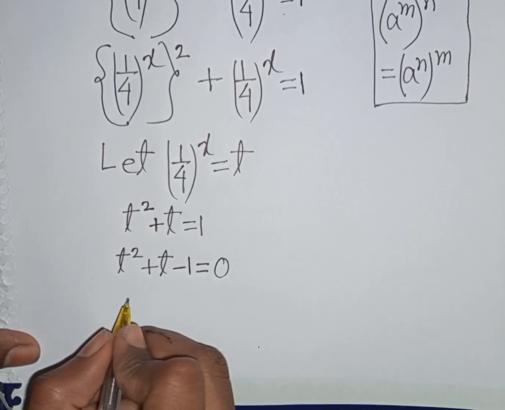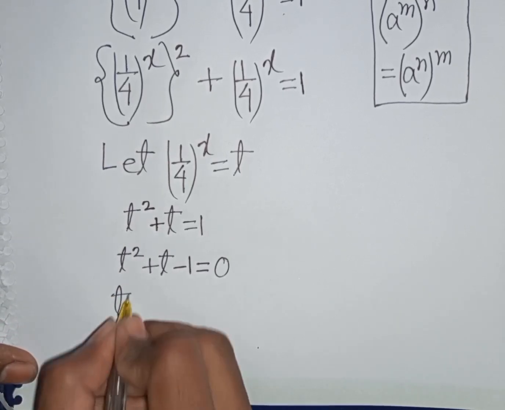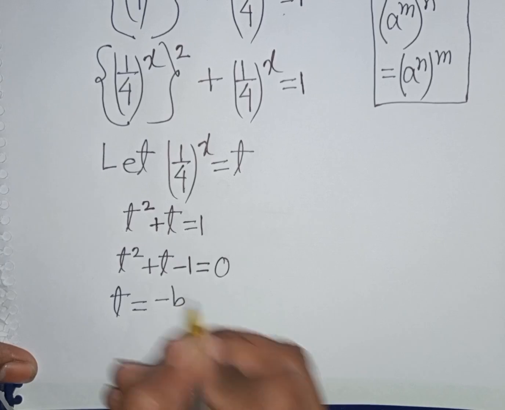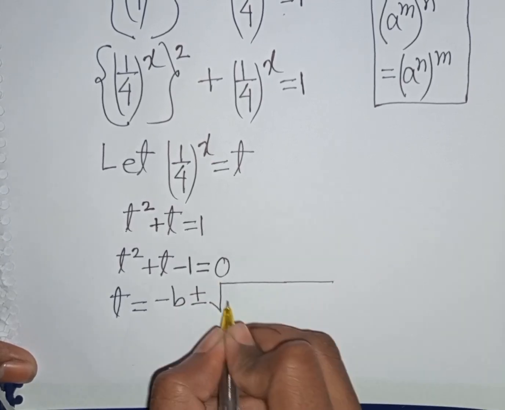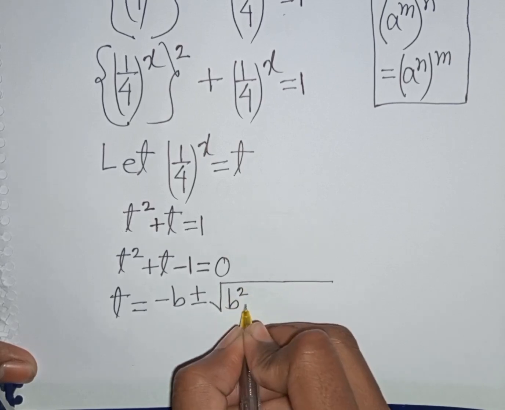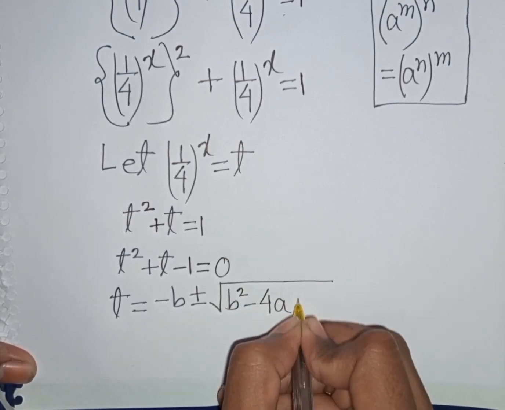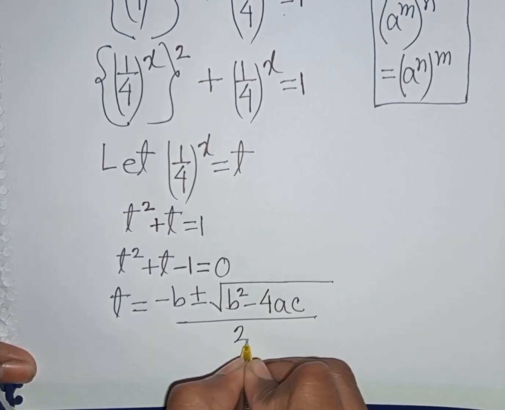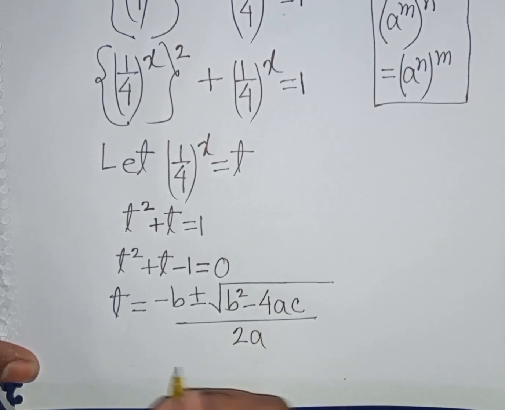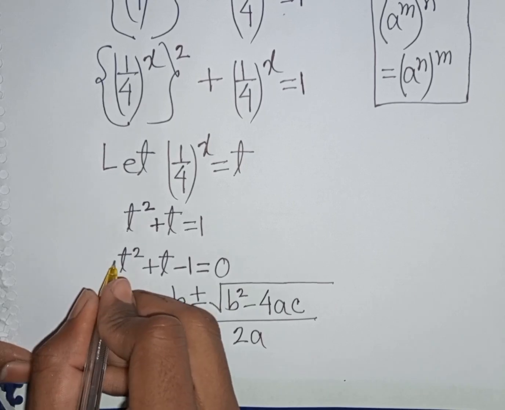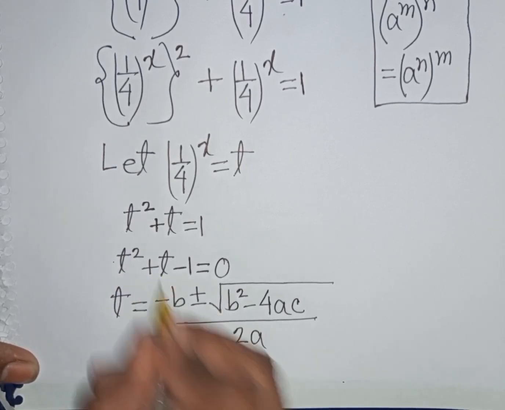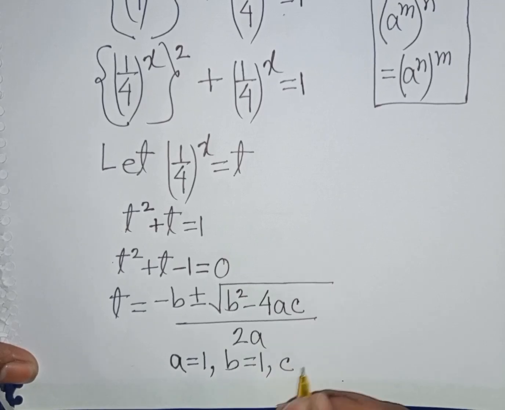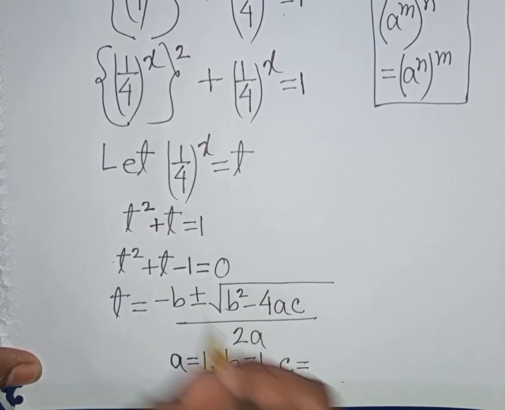Now here I can apply the quadratic formula, so I can write t is equal to minus b plus or minus square root of b^2 minus 4ac, divided by 2a. Here a is 1, b is 1, and c is minus 1.